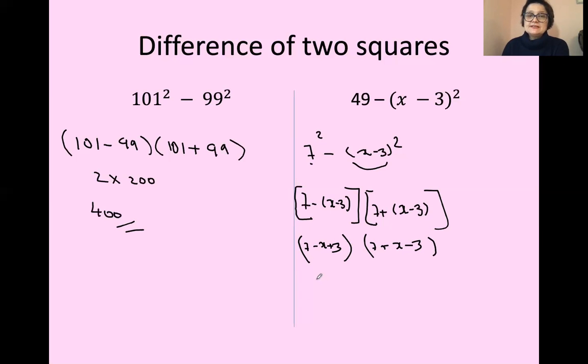Now 7 plus 3 is 10, so the first bracket is 10 minus x in brackets. Open the bracket, 7 minus 3 is 4, so 4 plus x. And this is the final factorization of this difference of squares.